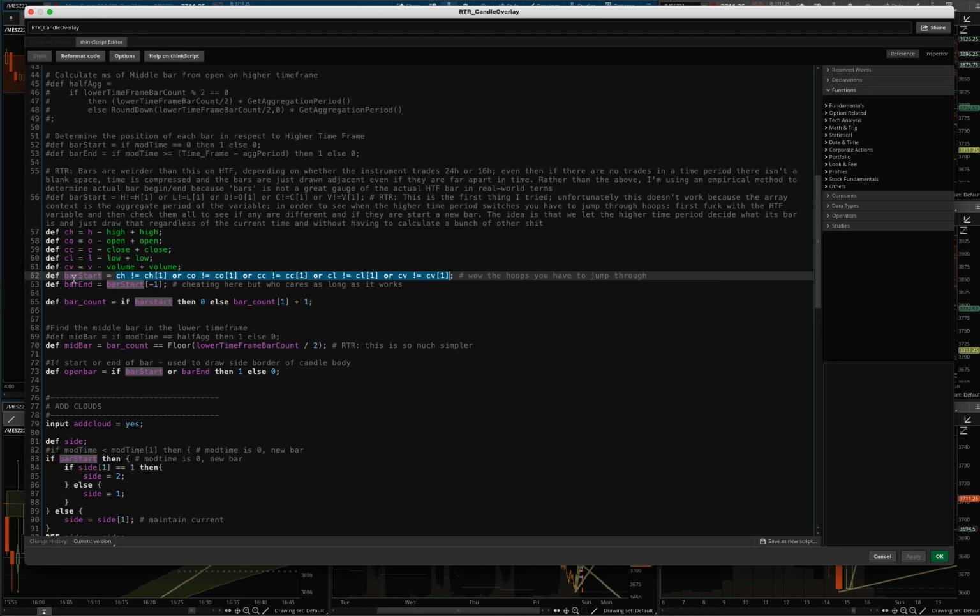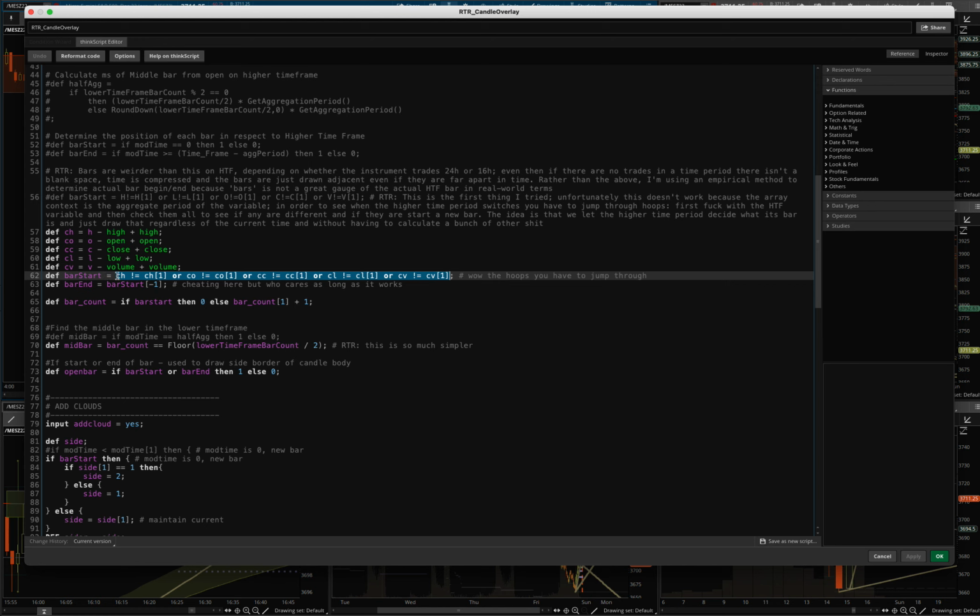So we're saying bar start is if these are ever different. So if you ever had a situation where the volume, and this could happen on a doji where somebody buys one share of something and then 10 days later buys one share of something at the same price, you have a high and a low and an open and close that are exactly the same, and it will treat this as the same bar. But if you're trading stuff like that, you've got bigger problems.